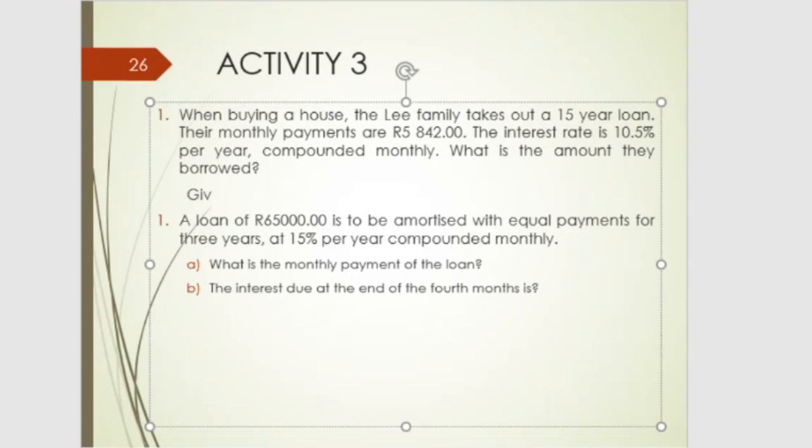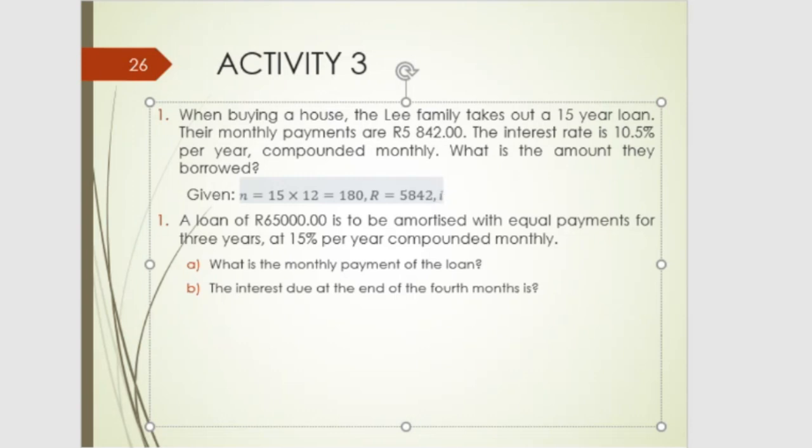Okay, from what is given, we have a number of years, which is 15, and it's compounded monthly, meaning that you are going to multiply it by 12. It's going to give us 180. The monthly payment is 5,842.